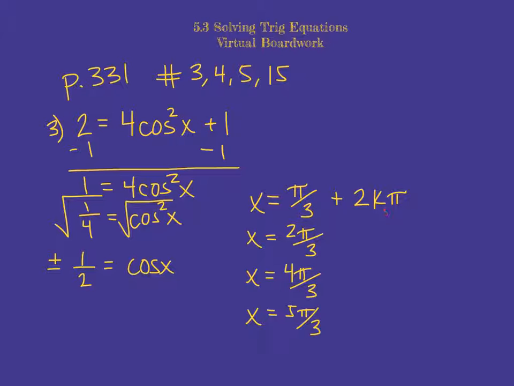I think that's what I was taught. So k is just an integer. That means that because we're not restricted to just one time around the unit circle from 0 to 2 pi, every time we hit this spot on the unit circle, pi over 3, no matter how many times we circle it, the cosine will be 1/2 there. So this is always an answer plus however many full revolutions around the unit circle we make.